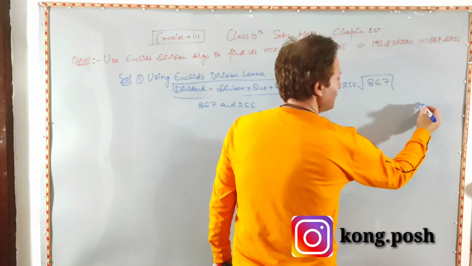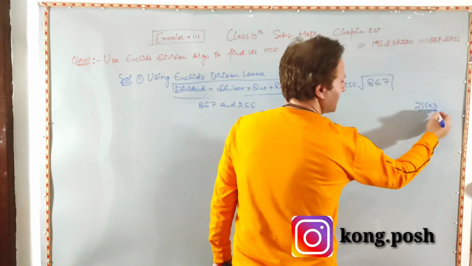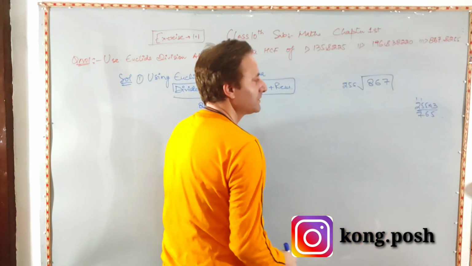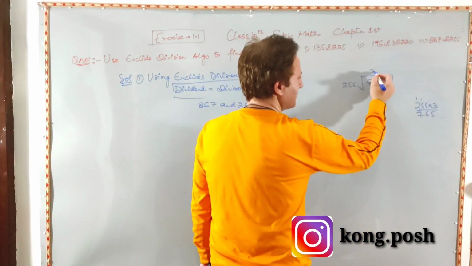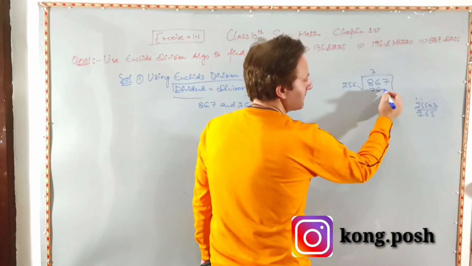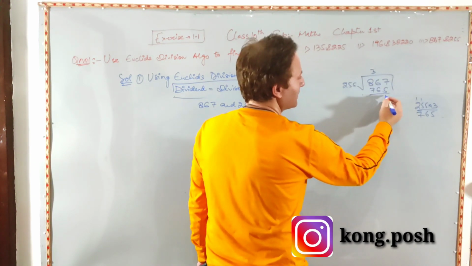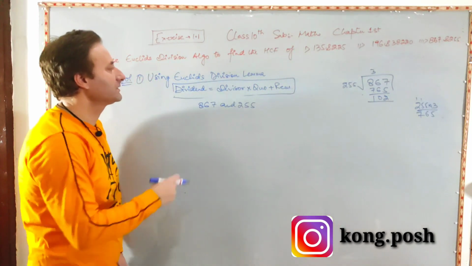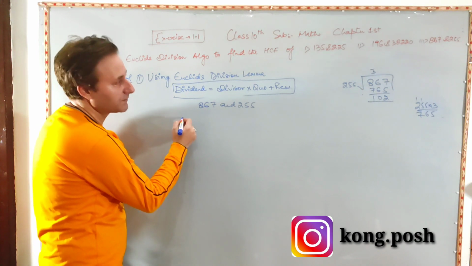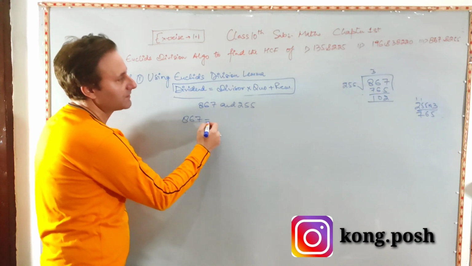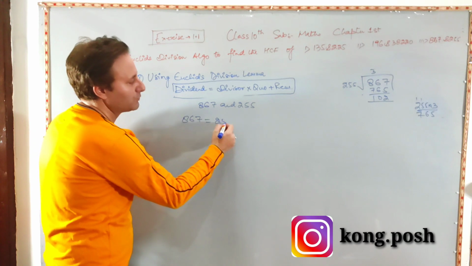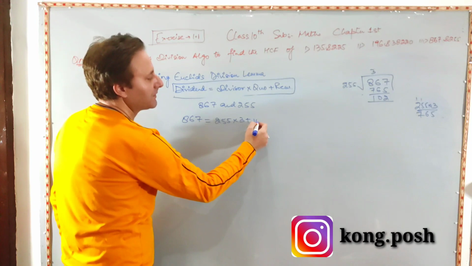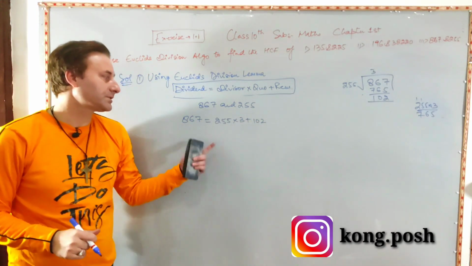Let's see, 255 multiplied by 3 is 765. What I get, 867 minus 765 is 102. Okay, so using Euclid's division lemma, we can write 867 is equal to divisor 255 into quotient is 3 plus remainder is 102. So this is the first step.